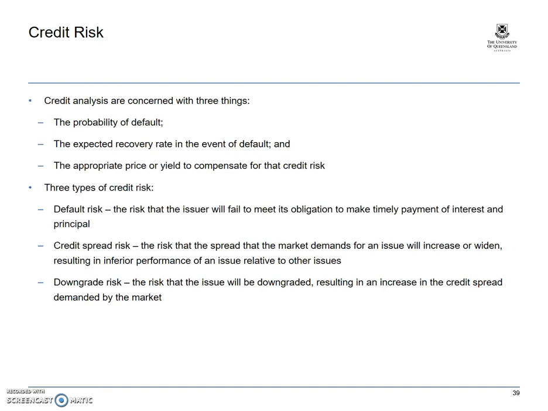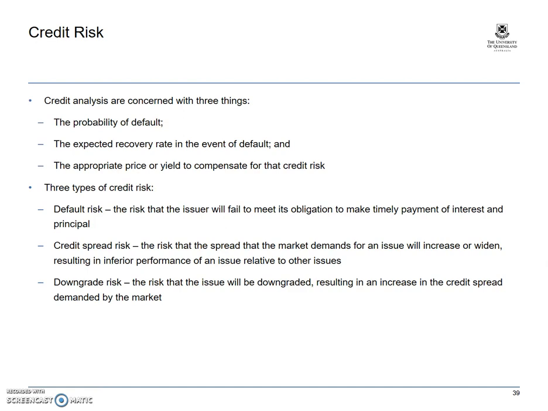Well, credit analysis is really concerned with three things. So what is the probability of default? How likely is it that a company will default on its debt obligations? Because remember that a bond is simply a contract, a promise to pay. So how likely is it that they're going to break that promise to pay?